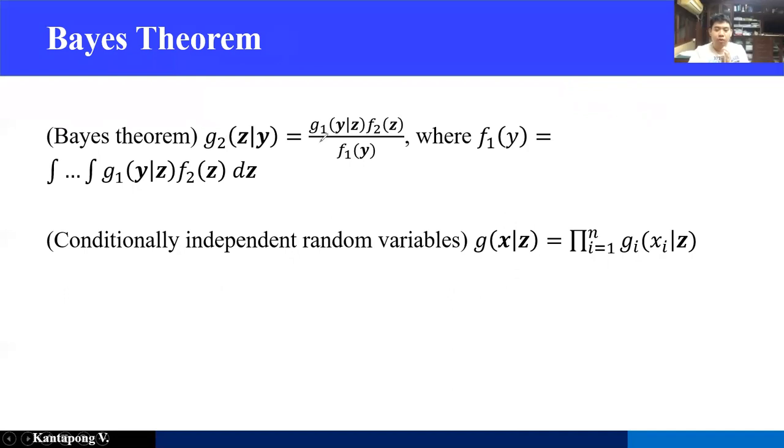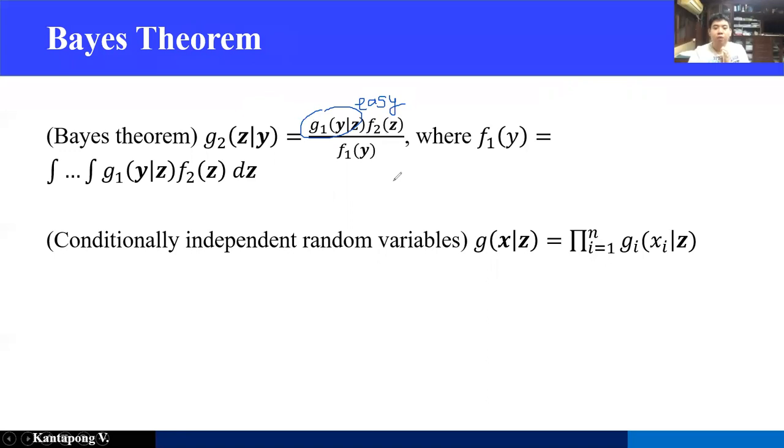So, straightforward formula. Treat it as if it is the one variable case. If we find that it is easy to find Y given C, we find that first, times f2 of the vector C, and divided by f1 of vector Y.